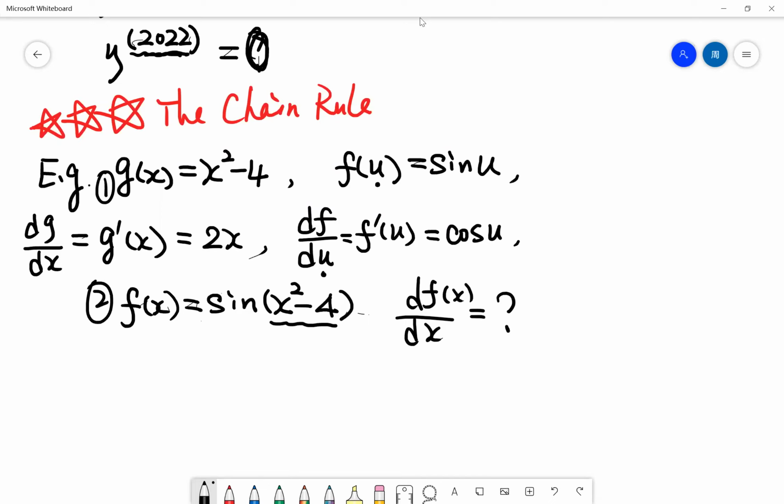So first, we have to know that this function consists of two functions, right? Here, the sine function is the first function, and then we have another function inside, that is x squared minus 4.